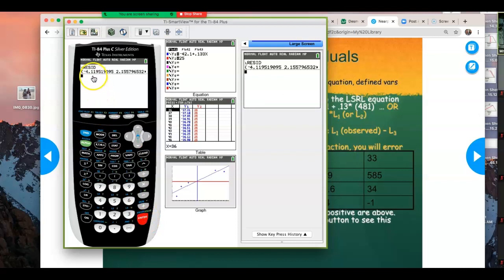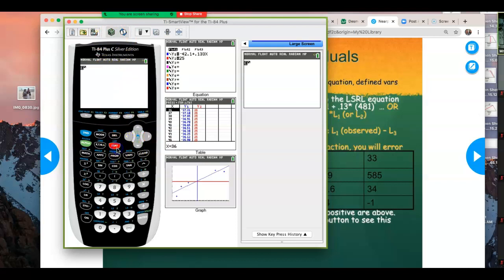Just press enter. -4.1, 2.15. I'm using the arrow key. 2.326. 2.02. And the last one is -2.4. It's kind of hard to read like that because it goes out to 8 decimal places.